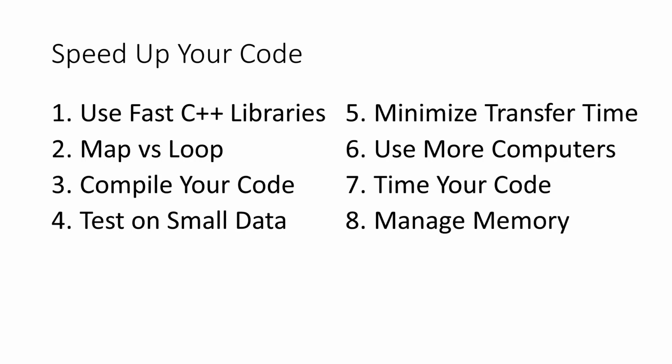And 8 is manage your memory. This is unloading objects when you don't need them anymore, and also using smaller data types, or at least not using data types larger than what you actually need, because as you scale that out, it is going to take up a lot more memory, meaning you're going to be able to do less and process things more slowly. So again, it really depends.